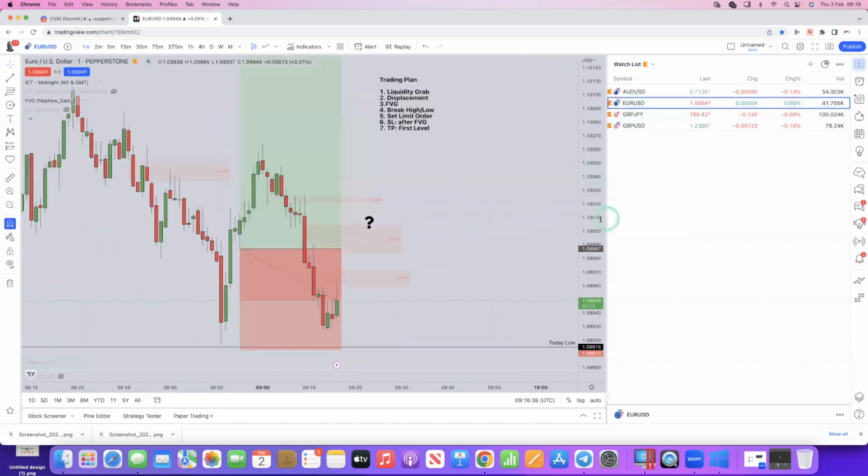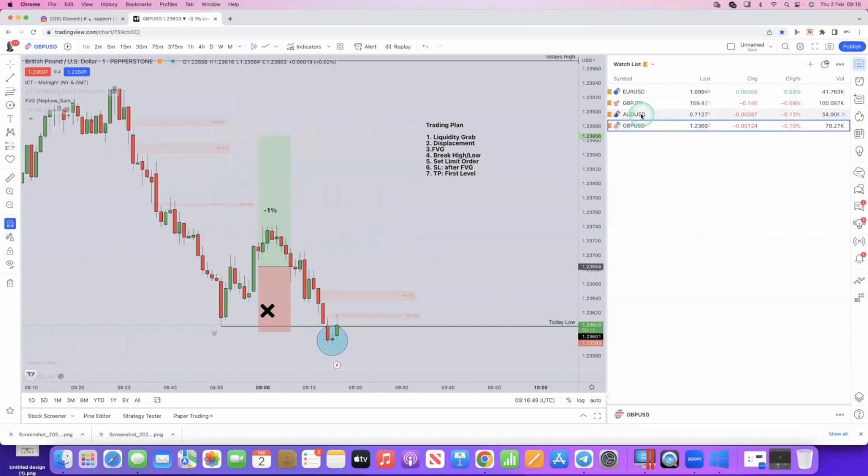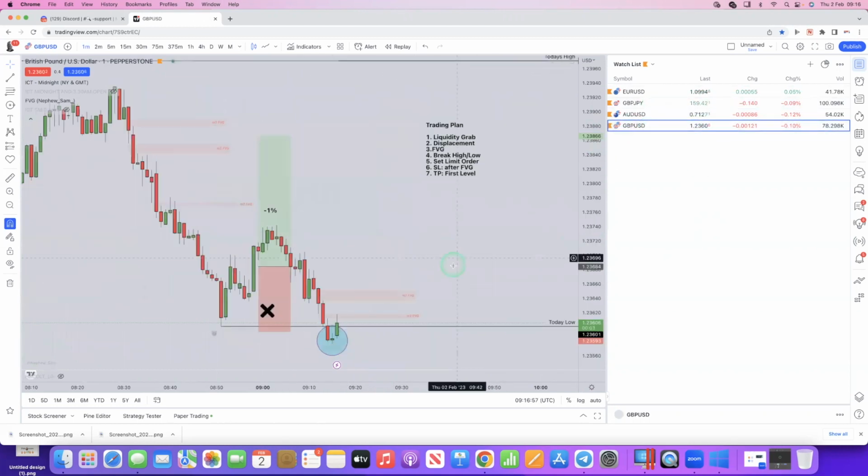The Euro USD, like we say, questionable trade, but we'll just see if it's going to play. AUD USD. So I want these two near each other, the GBP USD and the AUD USD. I would like to see a run of play up on here for the GBP USD. I would like to see again a run of play up on here. We'll pause the video. We'll be back in a short while.